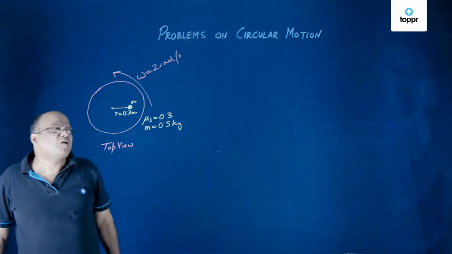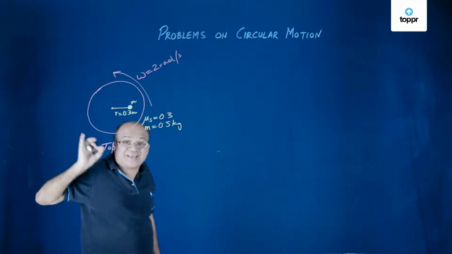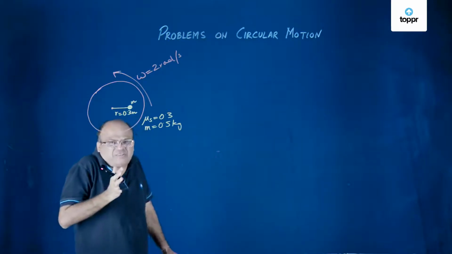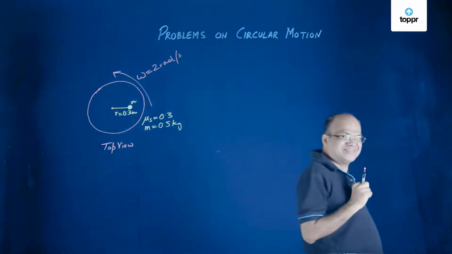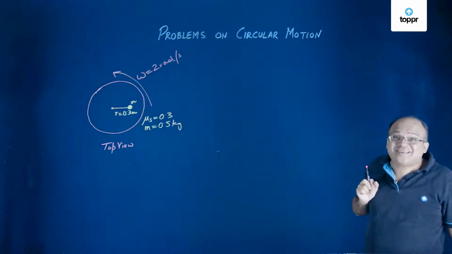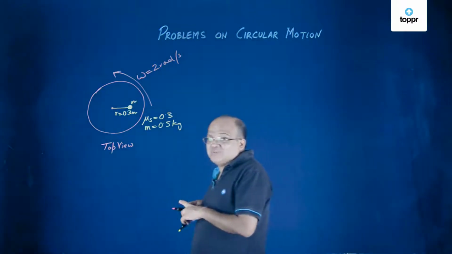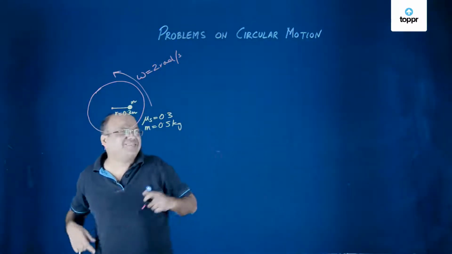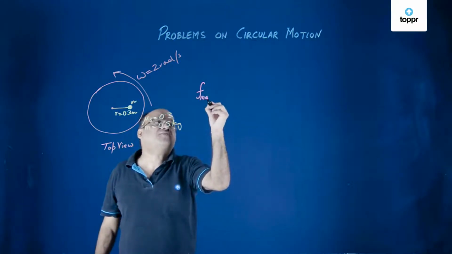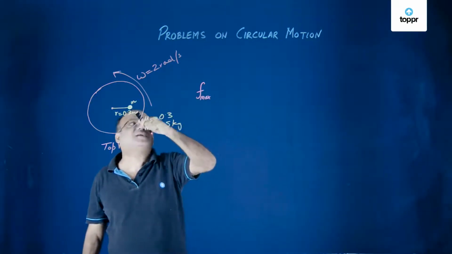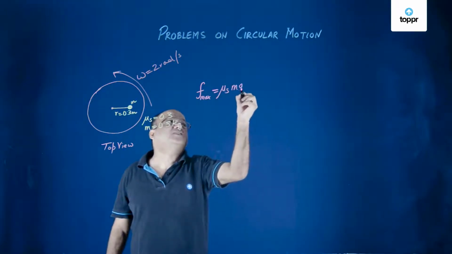The question is, what is the frictional force between the mass and the table? That's the first part of the question. So how to find the frictional force? Use friction equal to mu s mg, right? That is the maximum friction. Maximum friction possible between this mass and this table will be mu s mg.